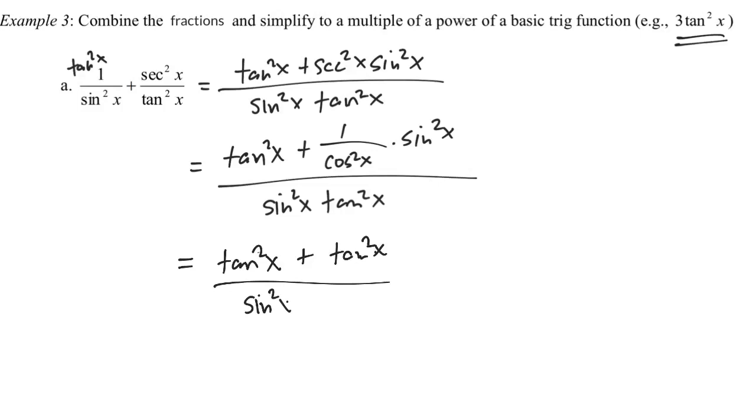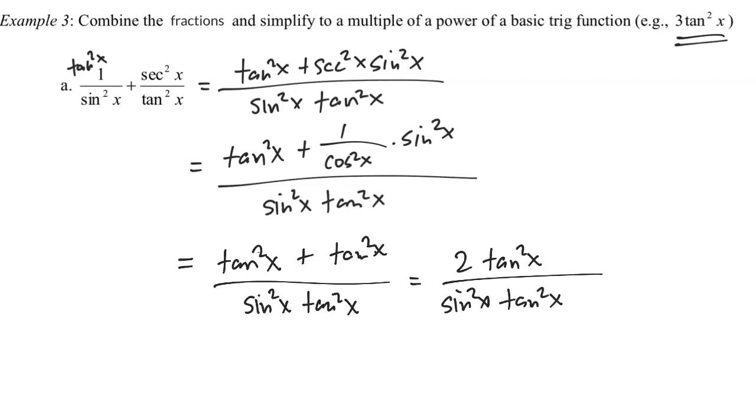Okay, this is looking really good right now. In the numerator now, I have 2 like terms that I can combine. So tangent squared x plus tangent squared x is going to be 2 tangent squared x divided by that same denominator that we've had this entire time, sine squared x times tangent squared x.